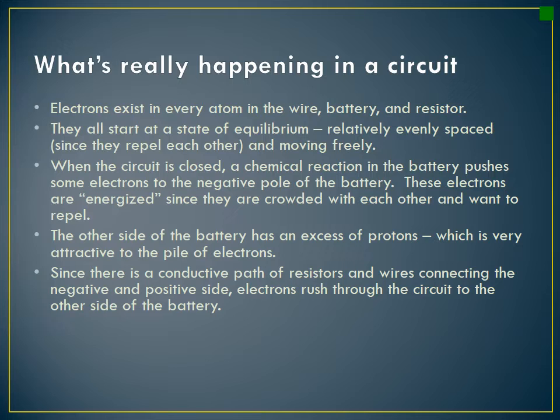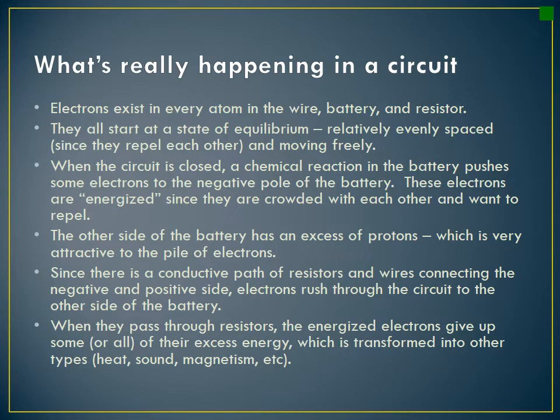Now, if there's no path, the electrons won't move, but if there is a path with resistors and wires, then the electrons will rush through, pass through the resistors if they have to, and do things like heat up a stove, or turn on a light bulb, or turn an electric motor. All kinds of fun stuff.